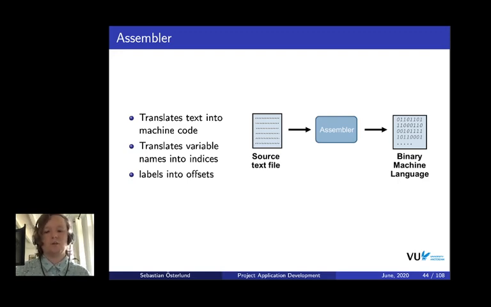Besides that, it also does some other stuff. Usually an assembler translates variable names into indices or other references, memory addresses, and labels into actual offsets. So if you have a goto to a certain label, an assembler usually translates it into the actual offset of the number of instructions that you need to jump to reach the right point.